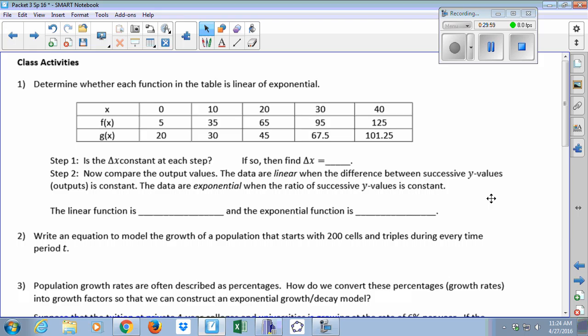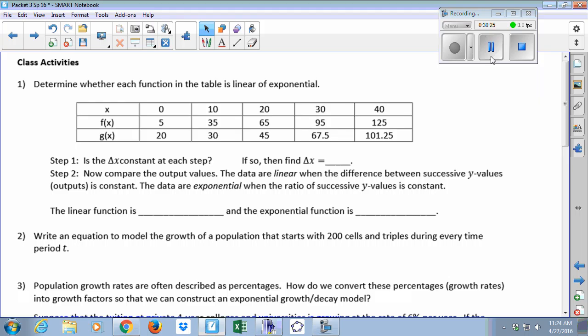Let's talk about this first table. It's very similar to what we just did, but what I'd like to do with you is to find the equation for the exponential function, once we determine here whether f is the exponential function or whether g is the exponential function. So why don't you do that first together or separately, individually at your tables.